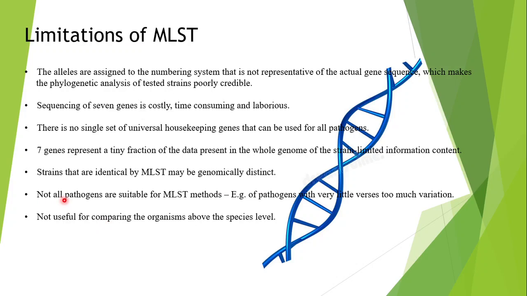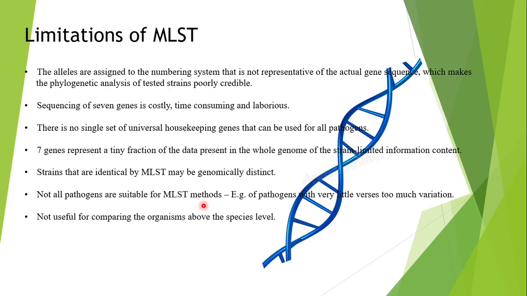Importantly, not all pathogens are suitable for MLST methods. For example, some pathogens like Mycobacterium tuberculosis exhibit very little variation throughout the entire genome, which proves to be insufficient in differentiating strains.